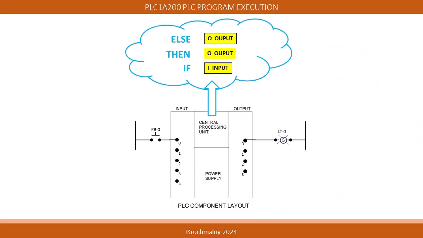The relay ladder logic programming language is simply a series of if, and, else to be used to control output devices based upon the condition of input devices. If something is closed, then command something on, else command something off.